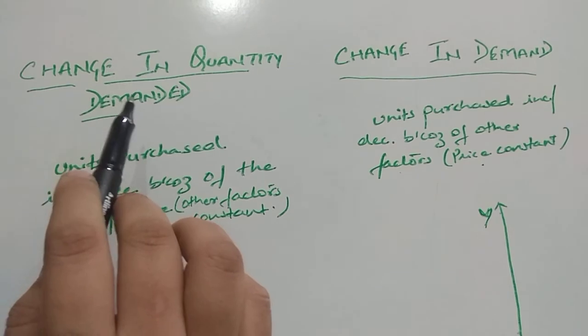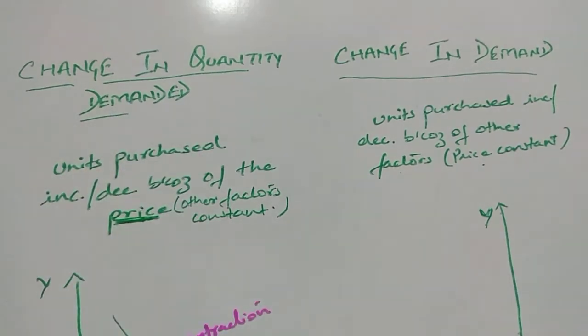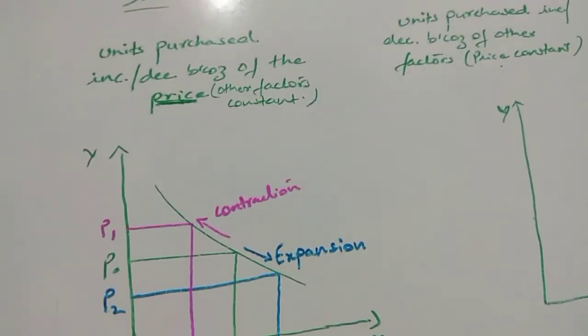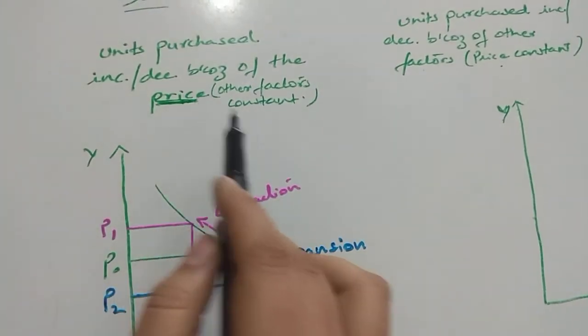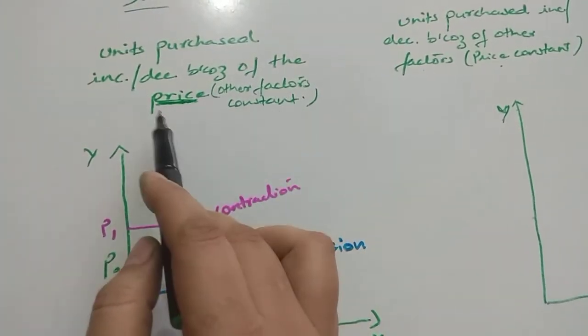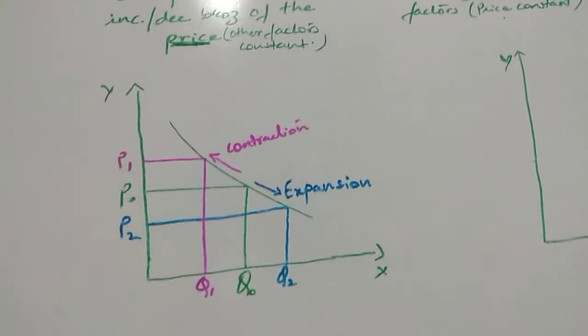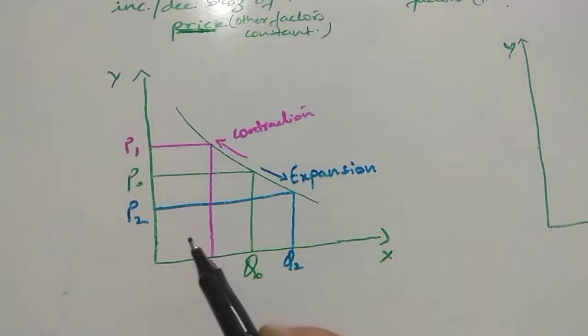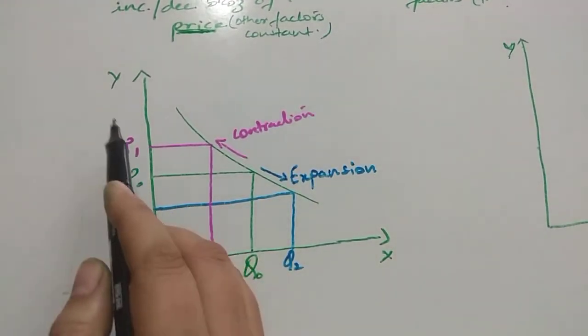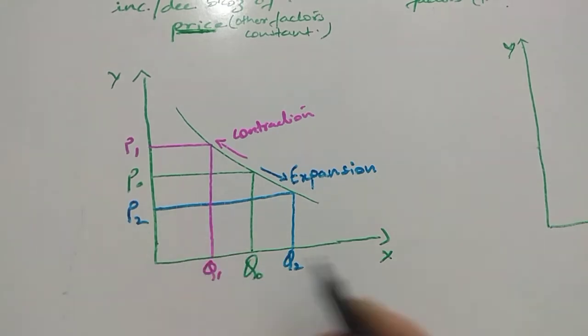Now first let us take up change in quantity demanded. We all know that change in quantity demanded means units purchased increase or decrease because of the change in price. You can see the graph here. The y-axis represents the price and the x-axis represents the quantity.